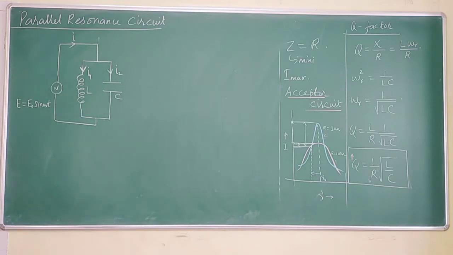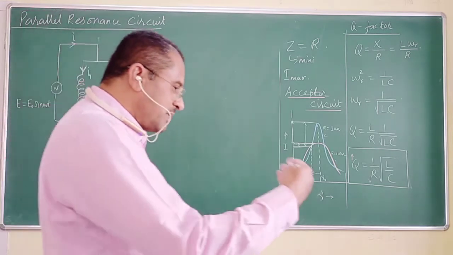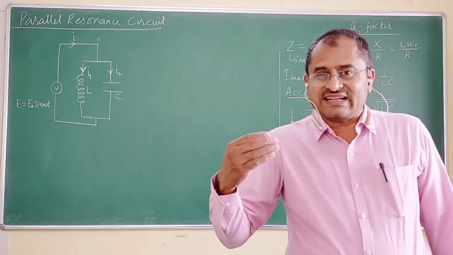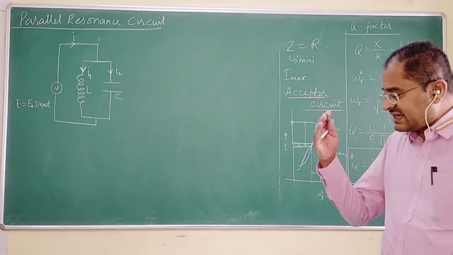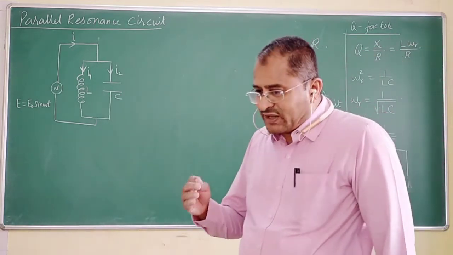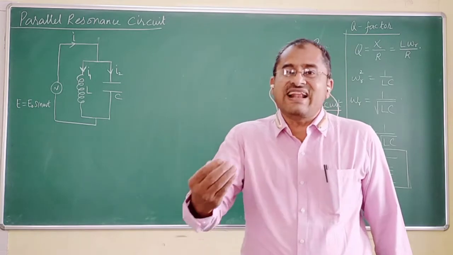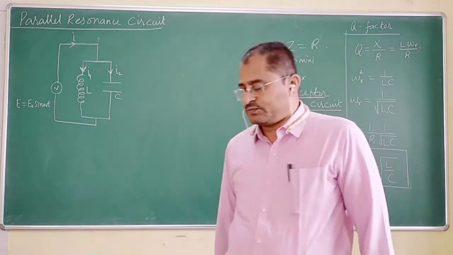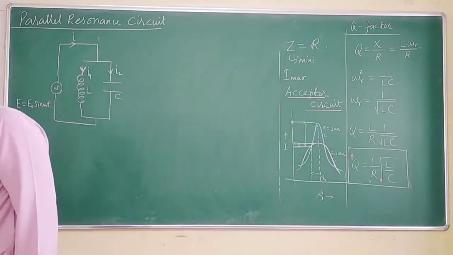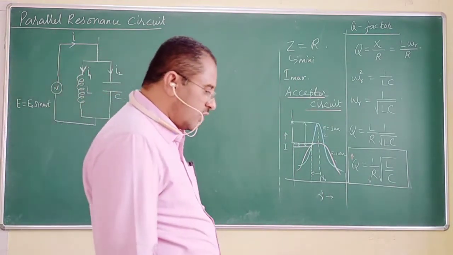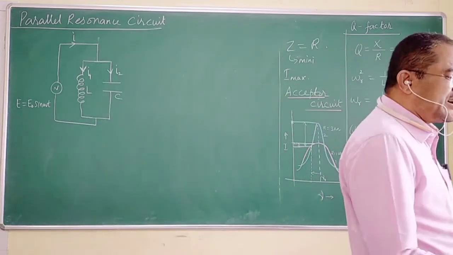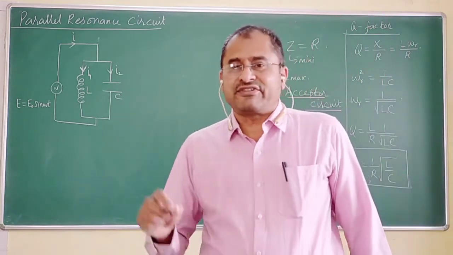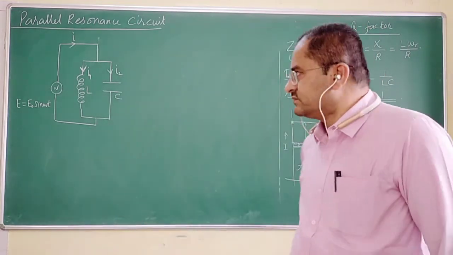If you remember the previous classes, or you would have studied this in class 12, in an inductance, if you apply an AC, current will lag the applied EMF by a phase angle pi by 2. Similarly, when you apply alternating EMF to a pure capacitor circuit, current will lead the applied EMF by a phase angle pi by 2.